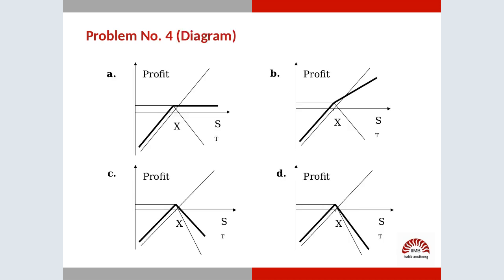You effectively see that you are getting a graph which is similar to a short straddle. The normal straddle is the V, you are getting an inverted V, and therefore what you end up getting is something close to a short straddle. So that is one way in which you can value them.